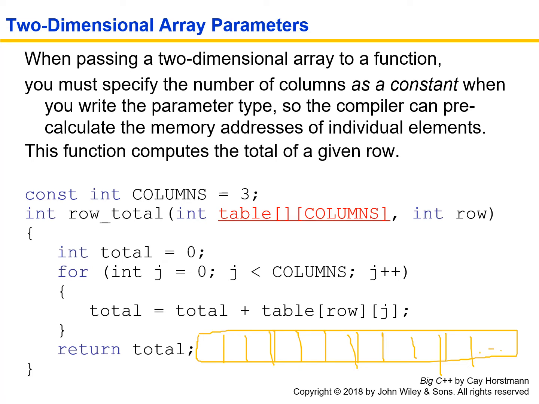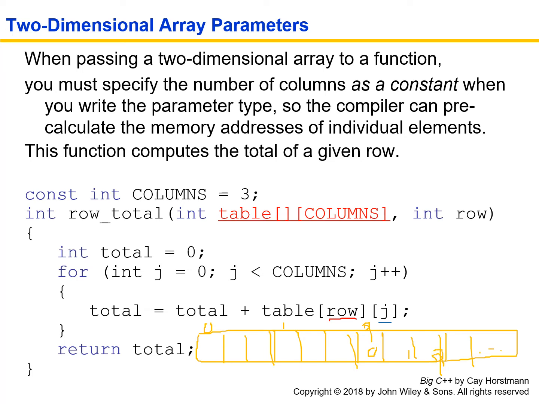Okay. And then once you've done that, you can go back to referring to your indexes by row and then by column. And so if row is 2, then C++ would know to skip row 0, row 1, and go to row 2, and then look for 2,0, 2,1, 2,2.